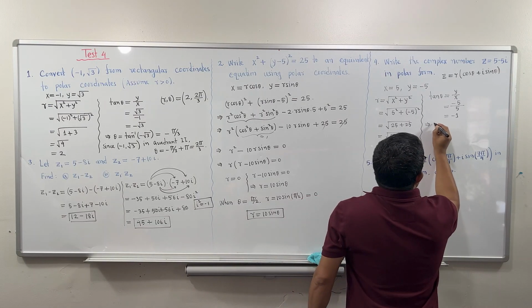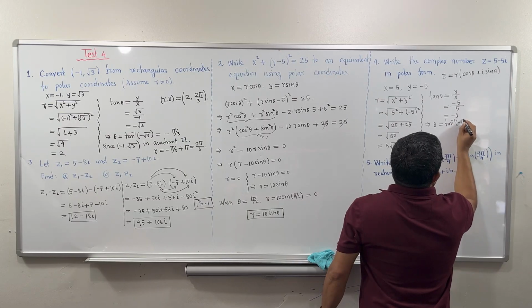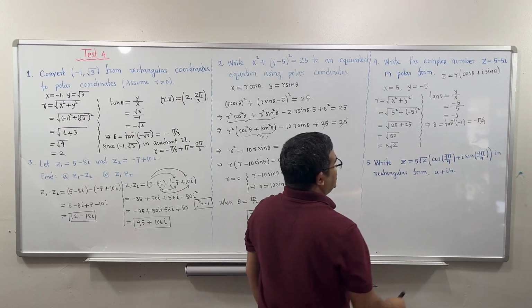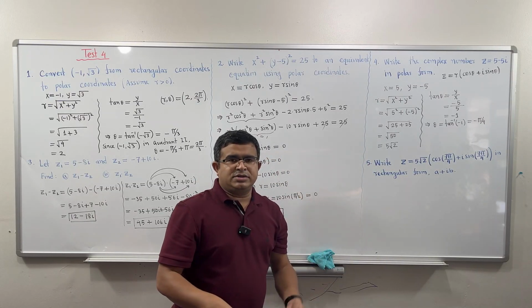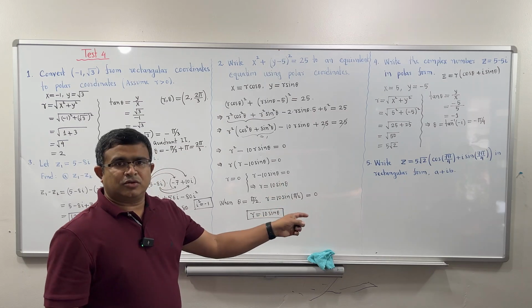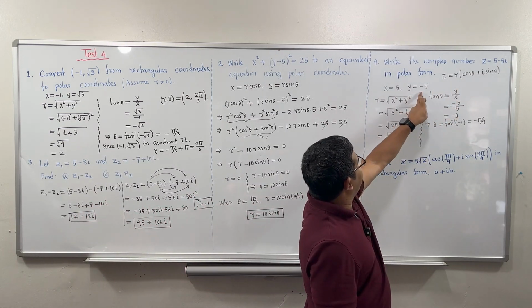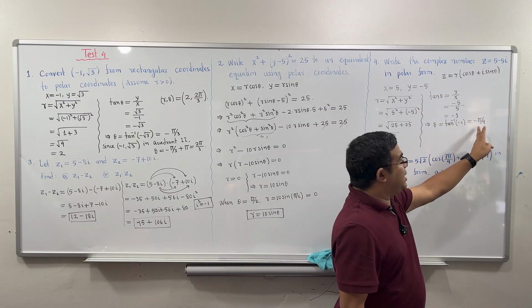Now theta would be tan inverse of negative 1, that is negative pi over 4. So angle negative pi over 4, if you go clockwise, then you go to the fourth quadrant, and this point 5, negative 5 also goes to the fourth quadrant, so we can accept this result.